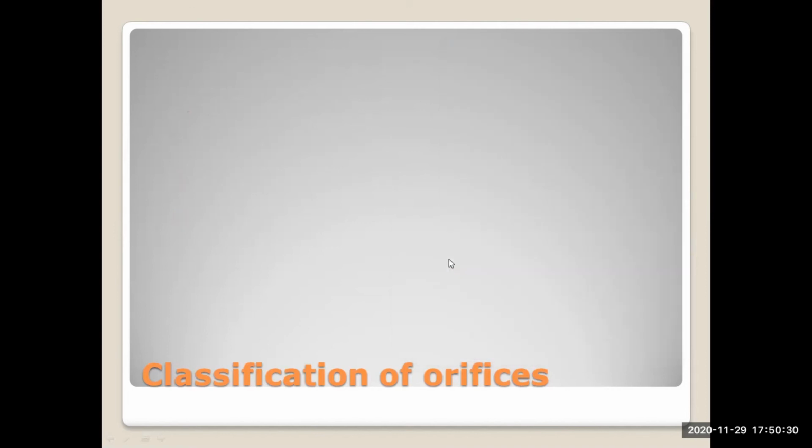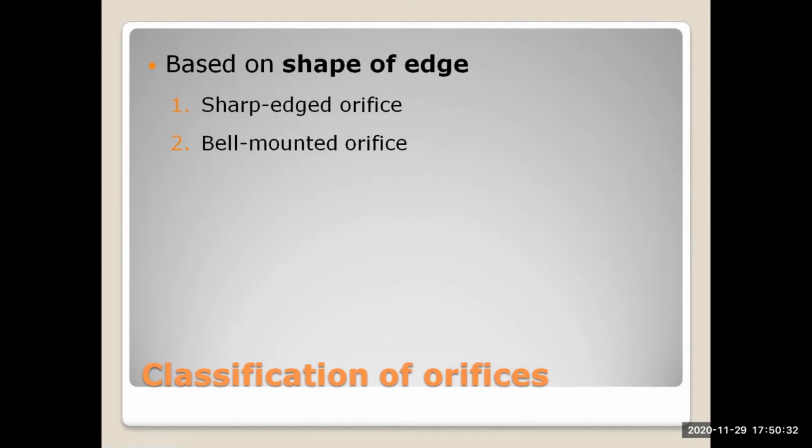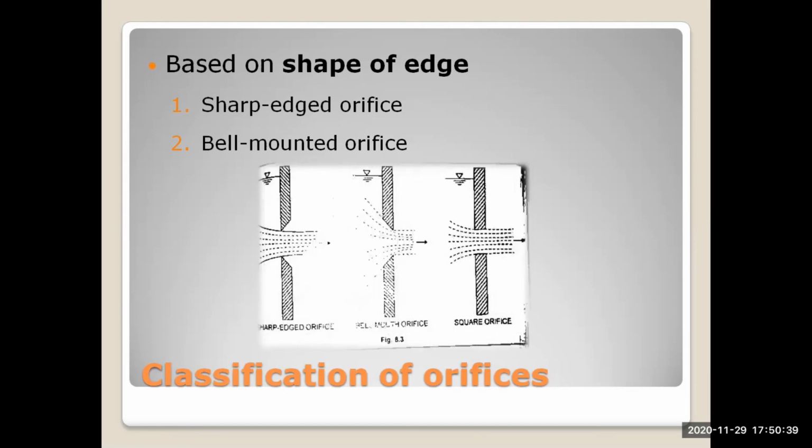Based on the shape of the edge, the orifice is classified into sharp edged orifice and bell mounted orifice. In the figure, the edge is the tip of the orifice. The first one is a sharp edged orifice, and the second one is a bell mounted orifice.